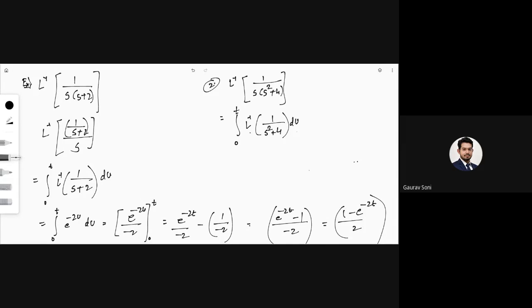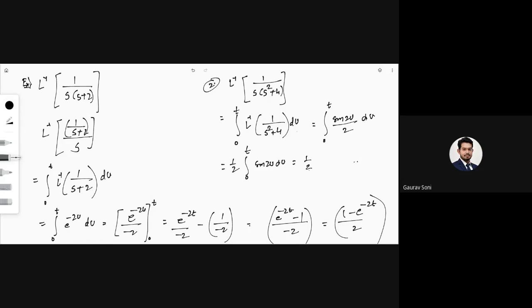We know that Laplace inverse of 1 upon s square plus 2 square is sine of 2u divided by 2, du. This is by the formula. So 1 by 2 will come outside, integral 0 to t sine of 2u du.